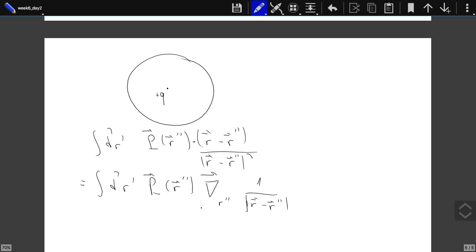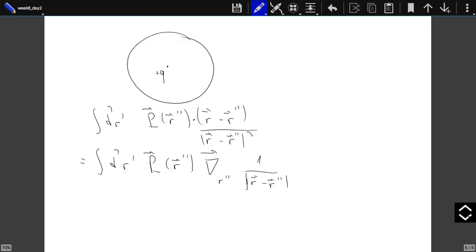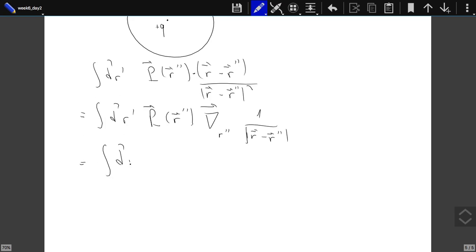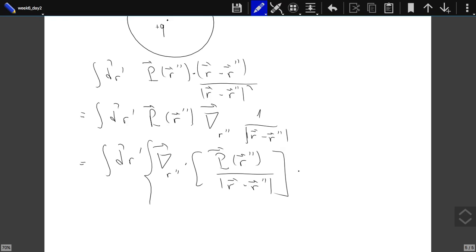There's no minus sign here, by the way, because r double prime in the first line already has that minus sign. Well, this is equal to the integral d cubed r prime of the divergence of P(r double prime) divided by |r minus r double prime|, minus 1 over |r minus r double prime| times the divergence of P. This is the potential due to, let's say, the polarization.